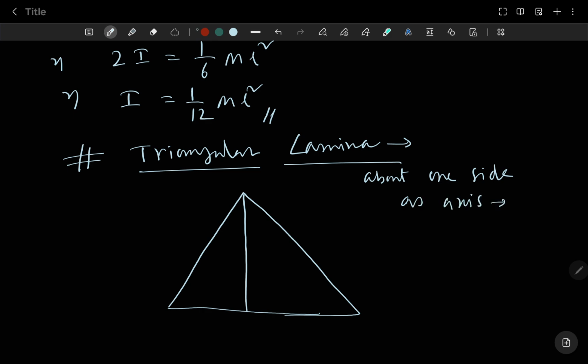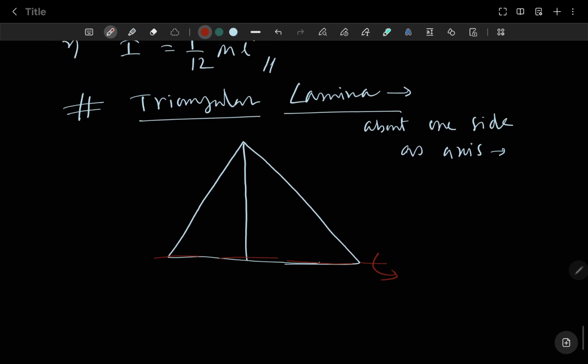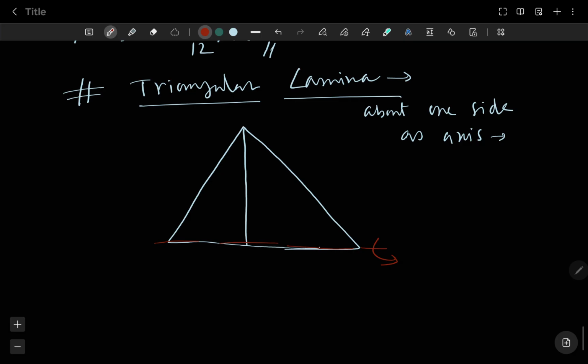Suppose this is the axis. The base is B and height is H.